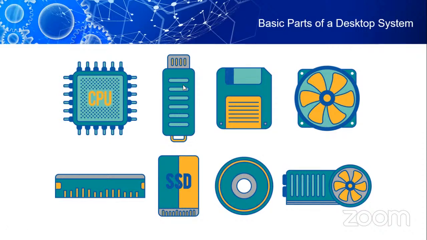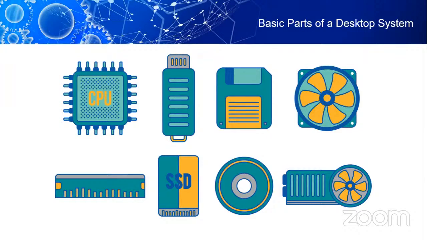The middle one is a floppy disk. All right, thank you. That's for some of our daddies and mommies that use this. The fourth one is a fan. The fifth one is a RAM.